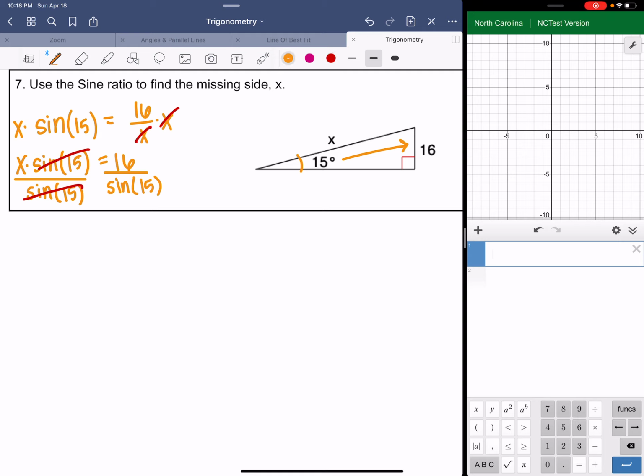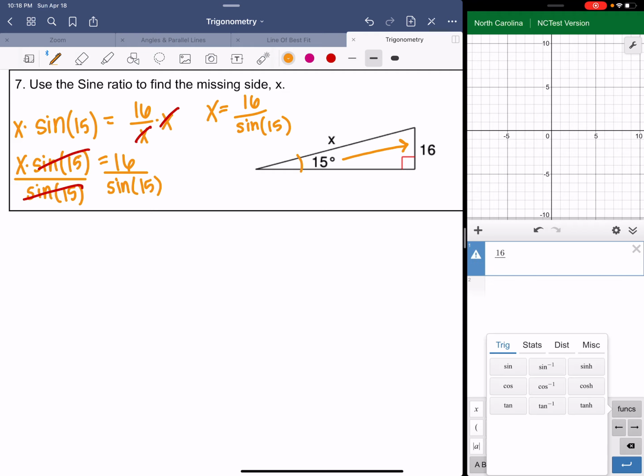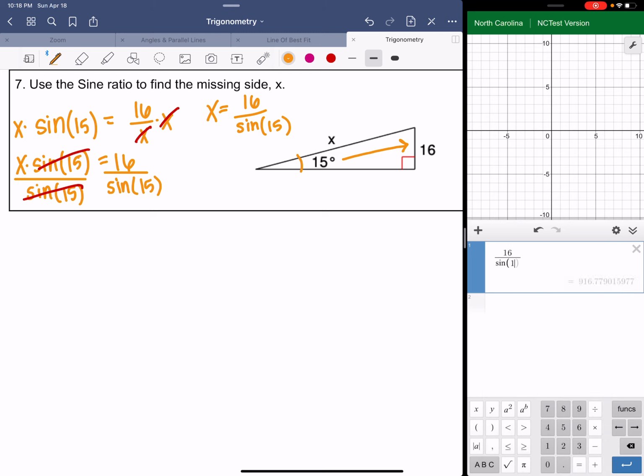So x is 16 over sine of 15, and we need to evaluate that amount. So 16 divided by sine 15. That gives us 61.81.